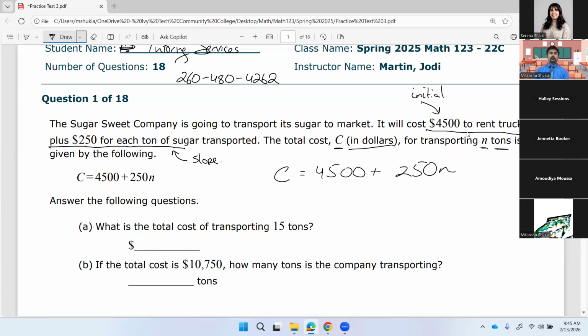So this tells us C is equal to 4,500 plus 250 N. We know that this is going to be my cost, and this is going to be my tons. So what is the total cost of transporting 15 tons? What should I do with that 15?